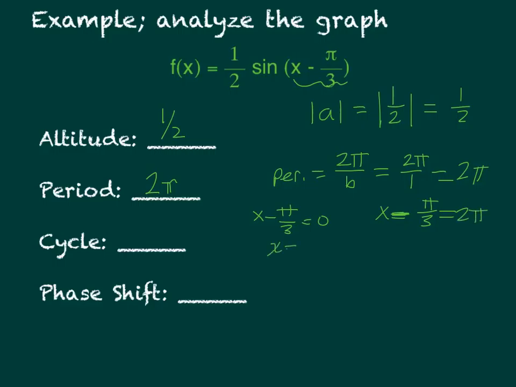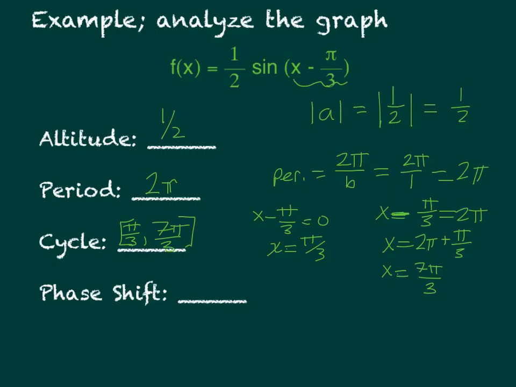So x equals pi over 3 to x equals 2 pi plus pi over 3, which if you simplify that, x equals 7 pi over 3. Okay, so that means my cycle is from pi over 3 to 7 pi over 3.